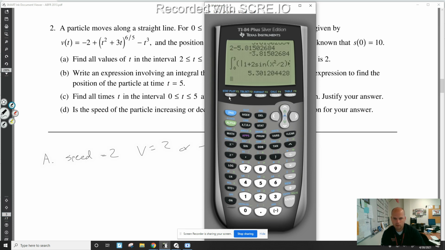Turn on. Negative 2 plus quantity t squared plus 3t to the 6/5 minus t cubed, from 2 to 4.